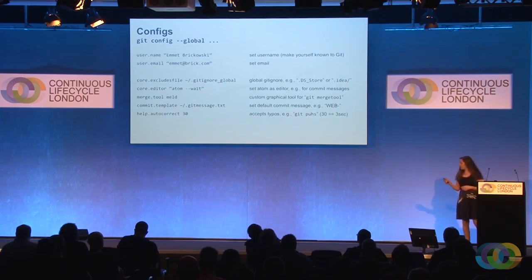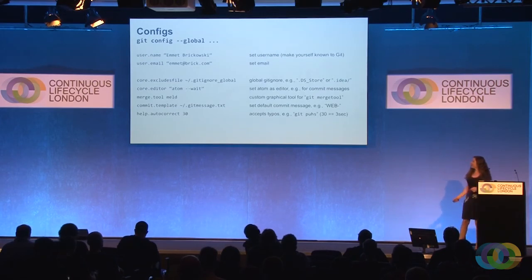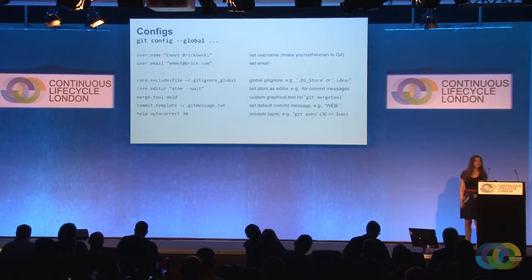Yeah, as said, all our commit messages start with a ticket number, and all my ticket numbers start with web minus, so I have a global commit message that has web minus, so I don't have to type these 4 letters. It's not much, but it's a style. And my personal favorite feature is the autocorrect.